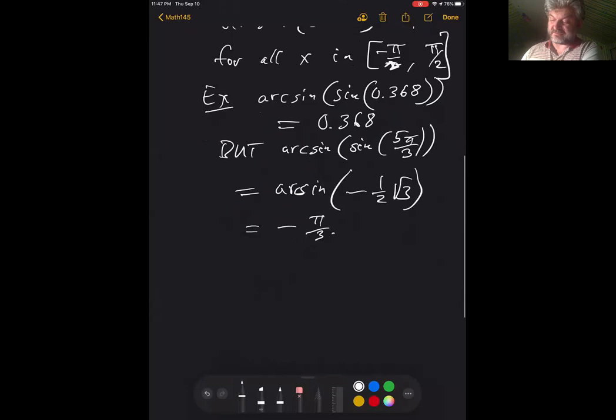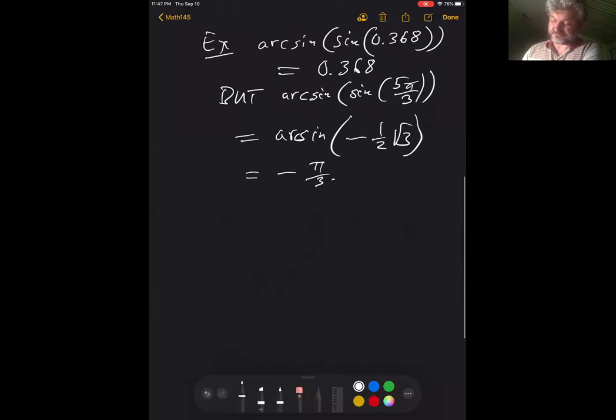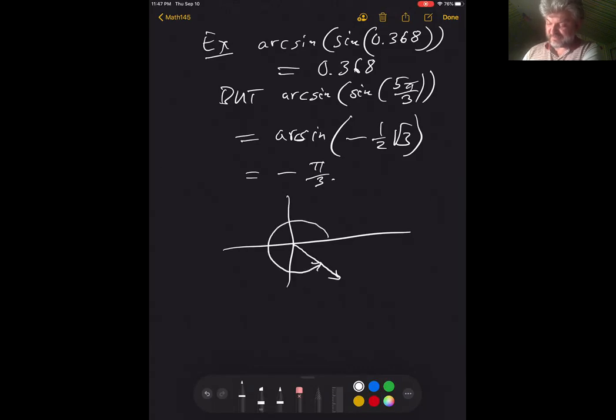What's going on here? Look at these angles in a diagram with a unit circle. So the 5 pi over 3 is about here. It goes all the way around like that, counterclockwise by default. And negative pi over 3 is this angle, clockwise, because it's negative.